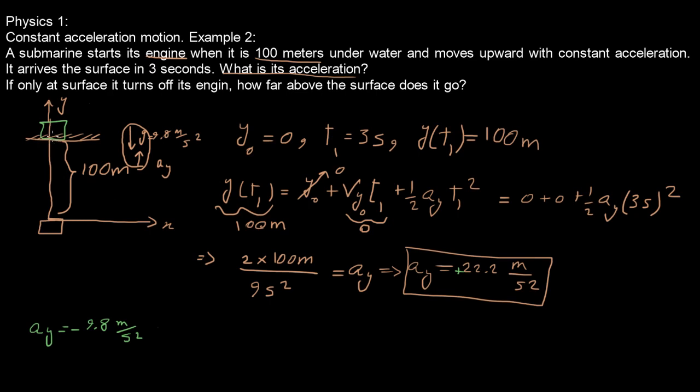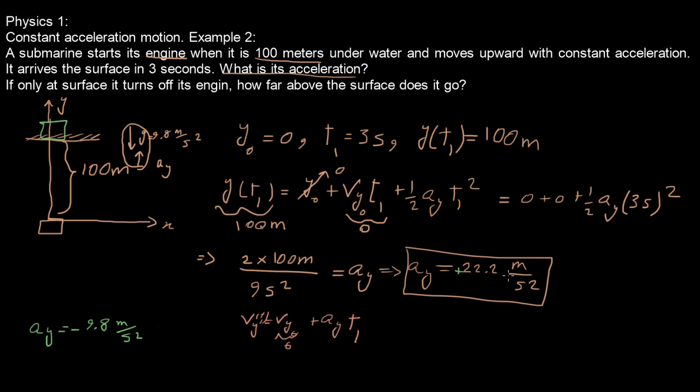That speed will be the initial speed for the second problem. To find the speed, we use the other equation from the previous video. Vy equals vy naught, which we said is 0, plus ay t. T is t1 because we want vy when it is here.